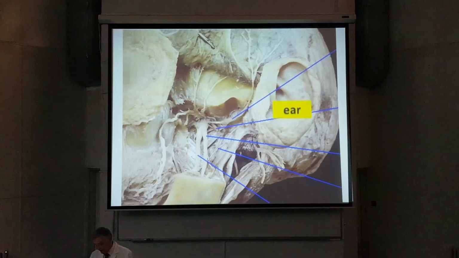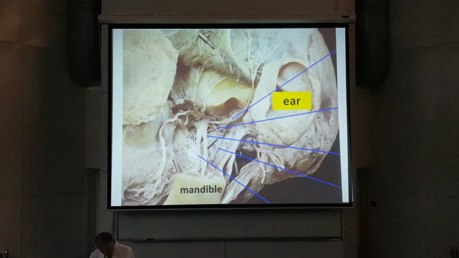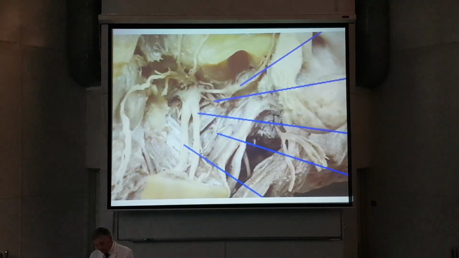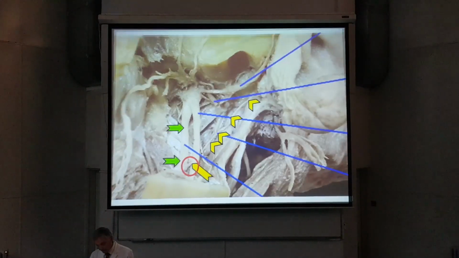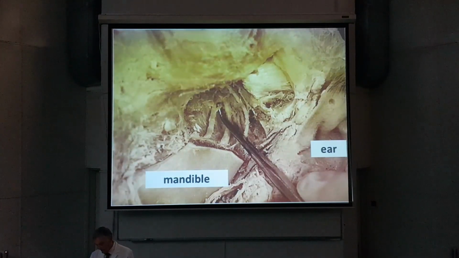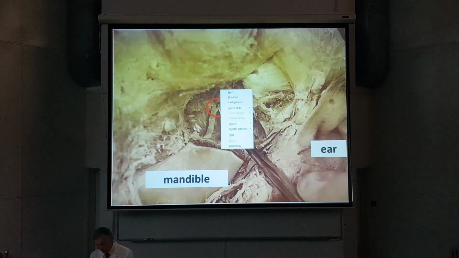Now, where are we? This is the ear, this is the mandible, and this is the infratemporal fossa. This is the lingual nerve, and you can see the chorda tympani in the infratemporal fossa joining the lingual nerve. Again, this is the mandible, this is the ear. If you look into this area, the mandible is cut.